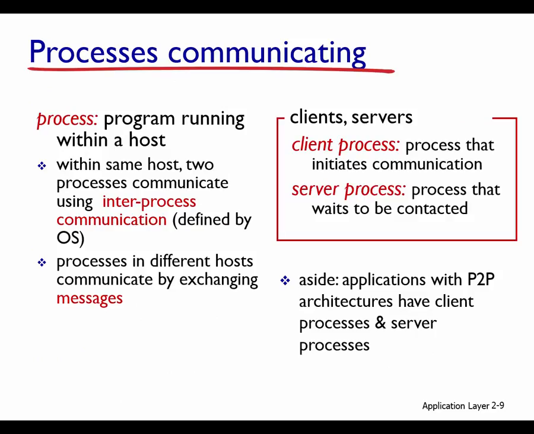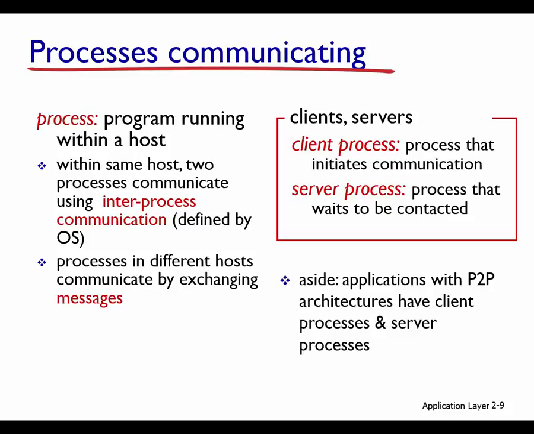So let's talk a little bit about process communication. Of course, I'm sure everyone in this class is familiar with processes. We learned about that in our operating system class. That's a program running within a host. And obviously, operating systems allow for different types of inter-process communication, whether it's using a fork or an exec or shared memory.